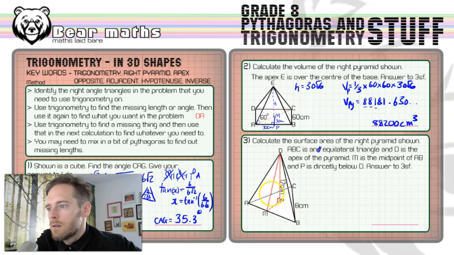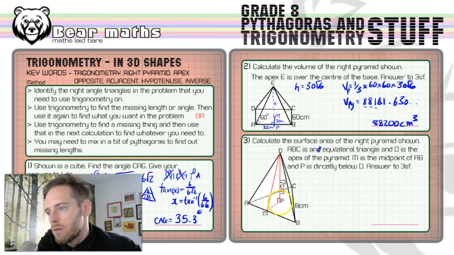So this is a height that we do not yet know. We know the perpendicular height of this pyramid is 17 centimeters. We just need to work out what that length there is. For us to be able to do that, we're going to need this length here, and we don't have that length, so we need to get it.